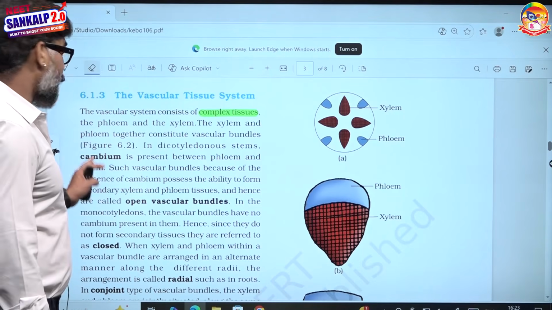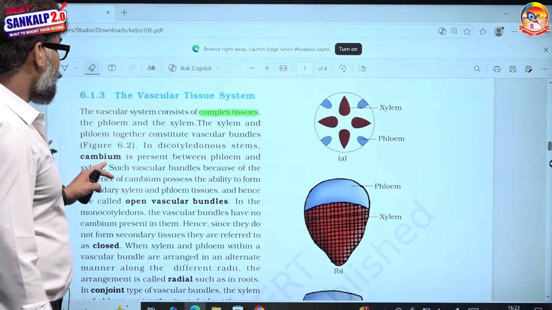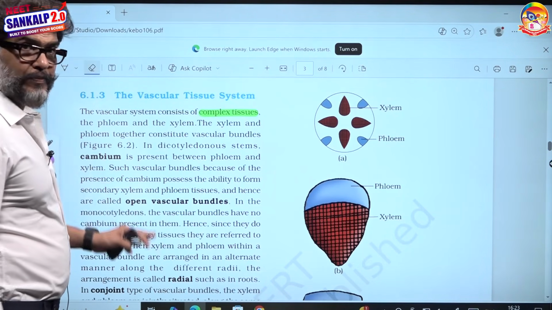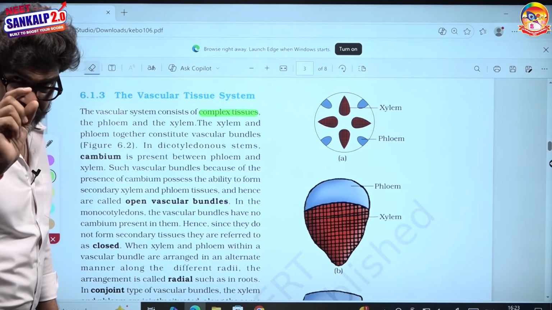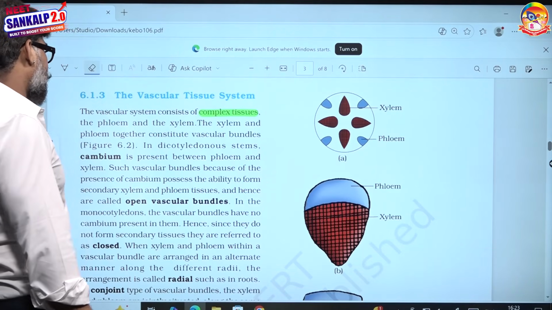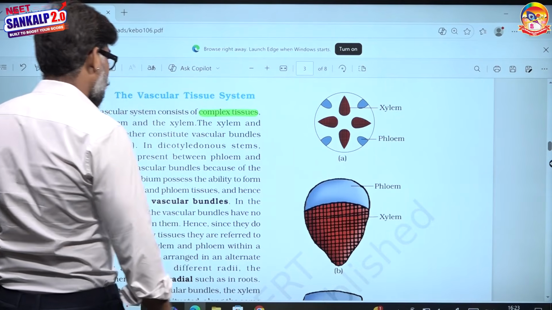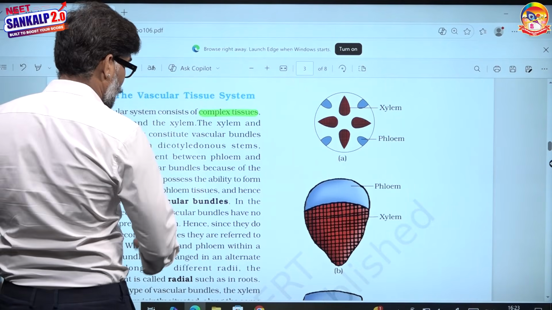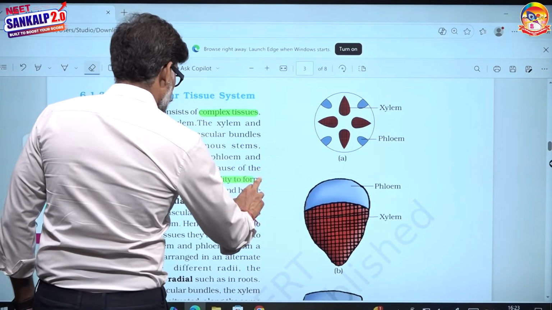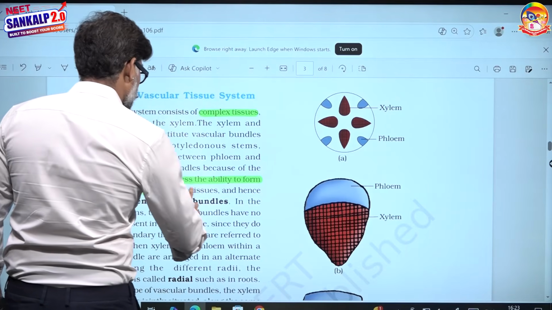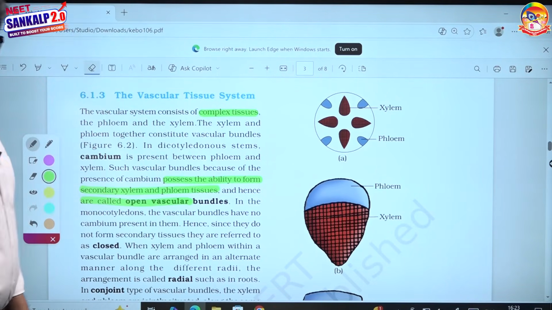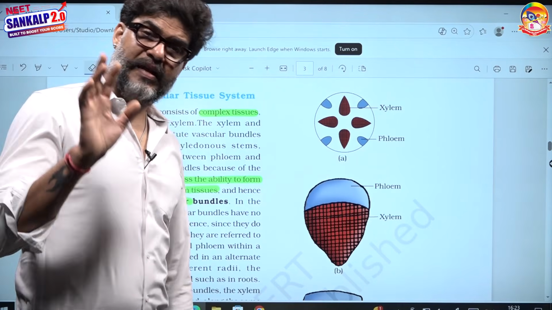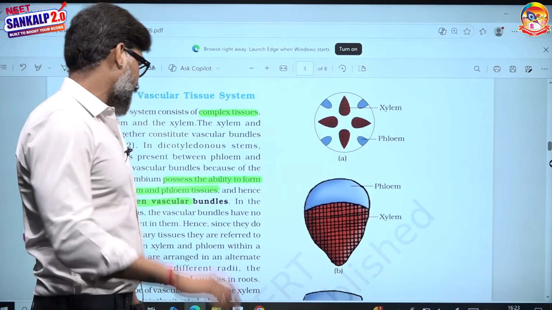In the dicotyledon stem, cambium is present between the phloem and xylem, and because of the presence of cambium, such vascular bundles possess the ability to form secondary xylem and phloem tissues, and hence they are known as open vascular bundles. So the open vascular bundle is characteristic of the dicot stem.